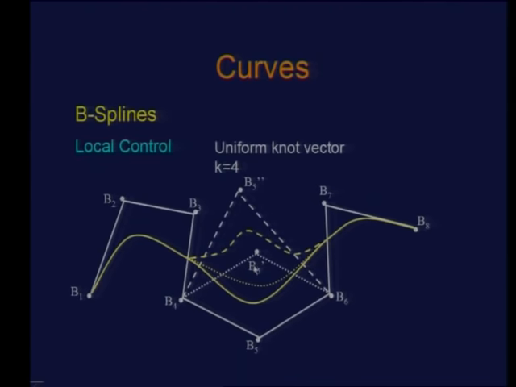And when I further move this B 5 prime to B 5 double prime, you see this curve change to this, right, and that exhibits the local control of the B splines. So, there is only a certain range of the curve which is influenced by the movement of the control point, right.